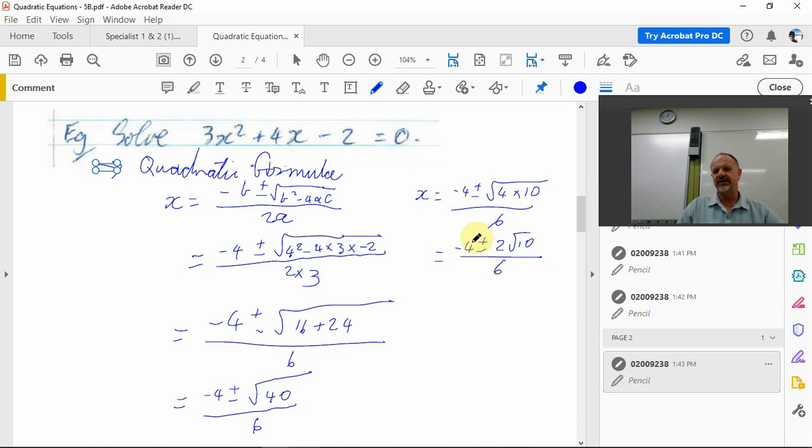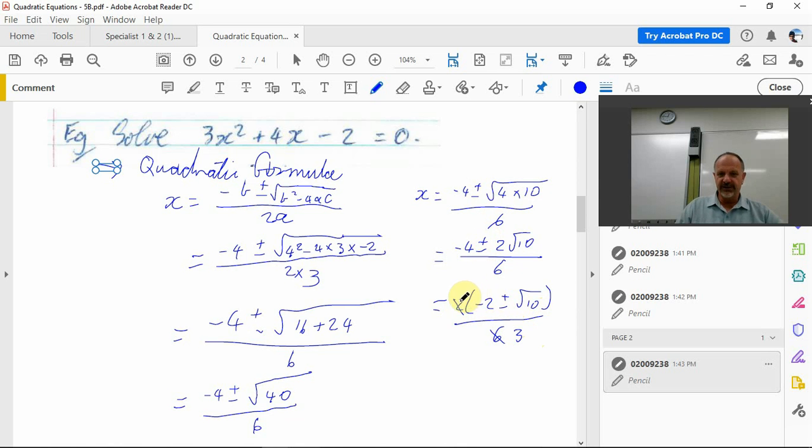Now with this, you'll notice 2 goes into both of those up the top and also into the bottom. What you need to do first before you cancel is take the 2 out as your common factor. So -2 plus or minus root 10 on 6. Now we can cancel.